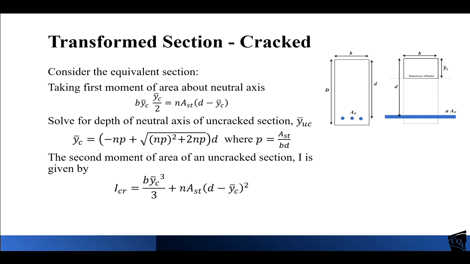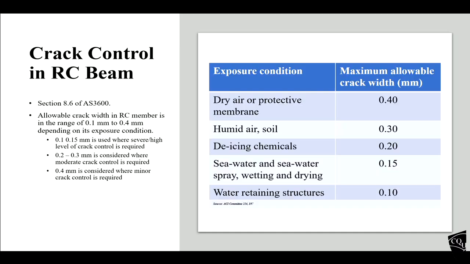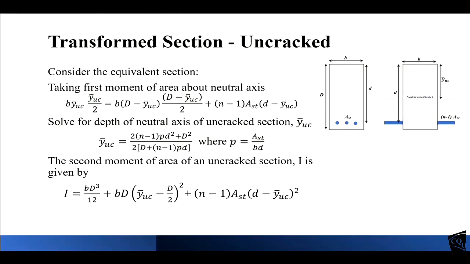So this is n times the AST. So if you understand these two, I will explain in the next class. I will continue this one. Next class tomorrow, and then we will talk about deflection calculation. If you have these two clear, the rest of the part is easier.